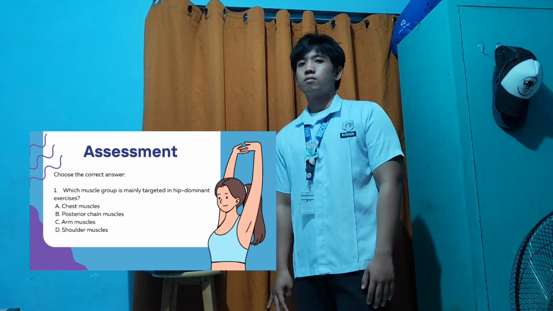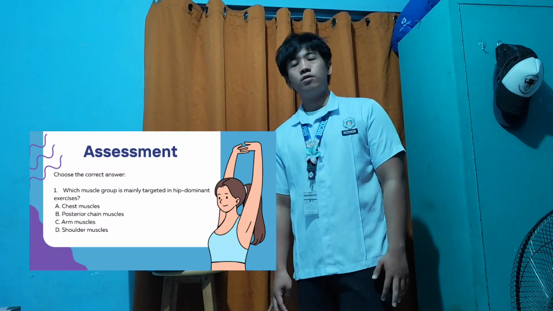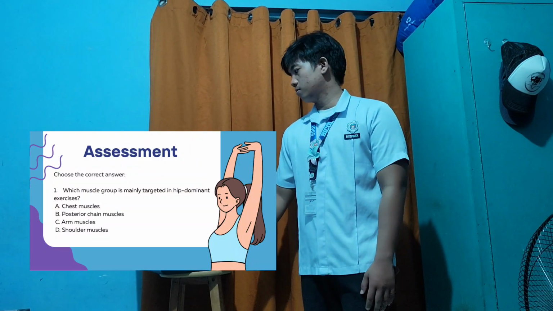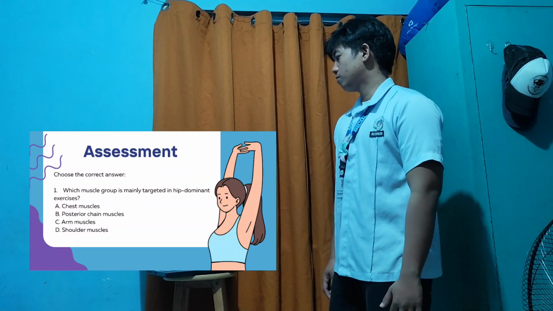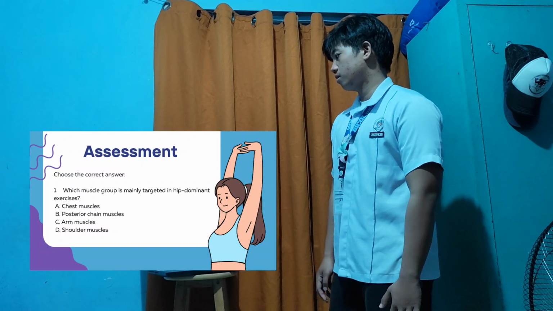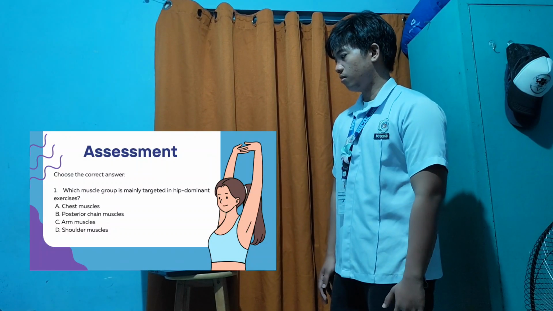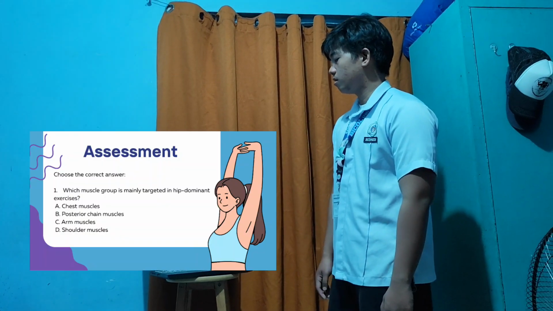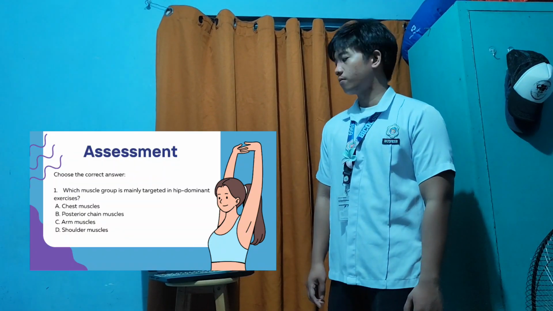Assessment. Students get 1/4 sheet of paper and choose the correct answer. Number 1. Which muscle group is mainly targeted in hip dominant exercises? A. Chest muscles. B. Posterior chain muscles. C. Arm muscles. And D. Shoulder muscles. 2.